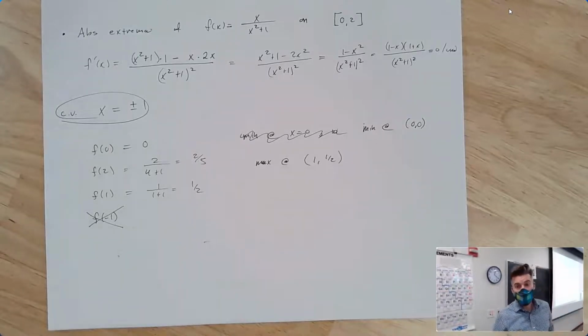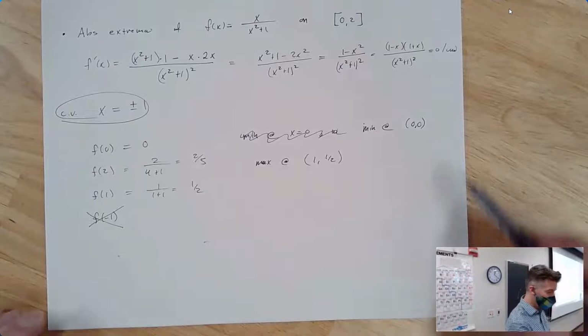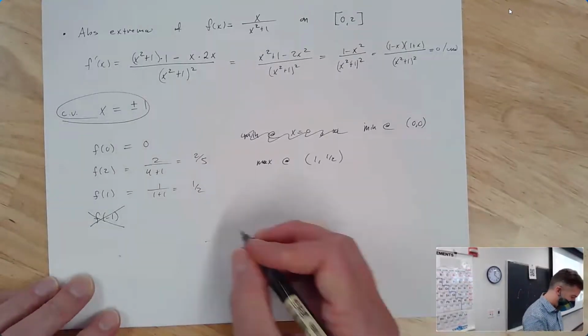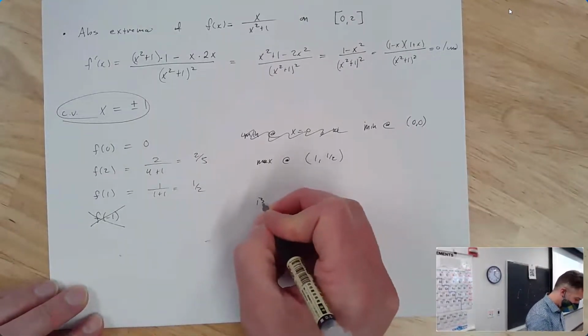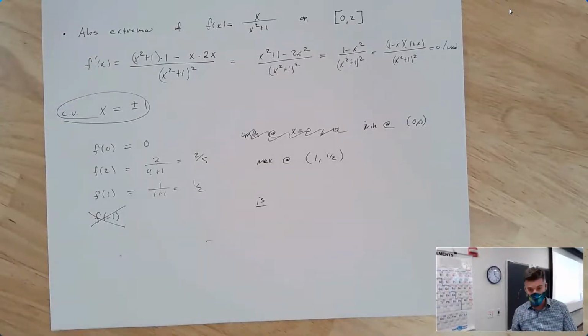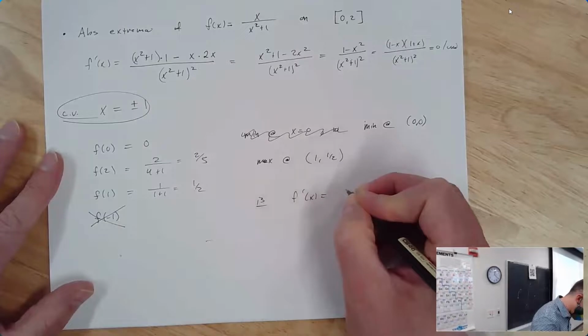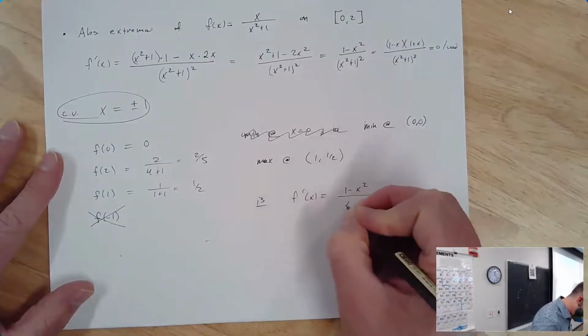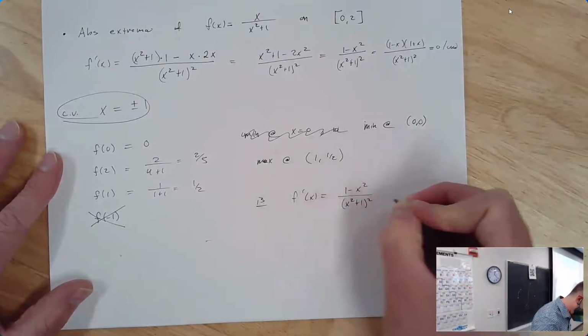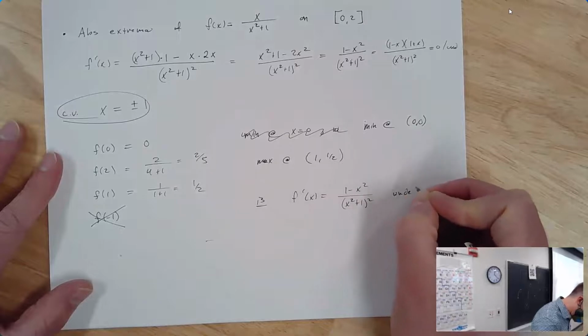We did check for undefined, but this function isn't ever undefined. So, I should say, the derivative is never undefined. Apologies. Is the derivative f prime of x equal to 1 minus x squared over x squared plus 1 squared undefined ever?